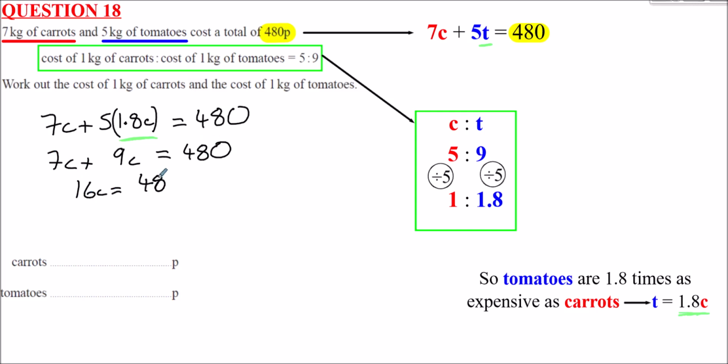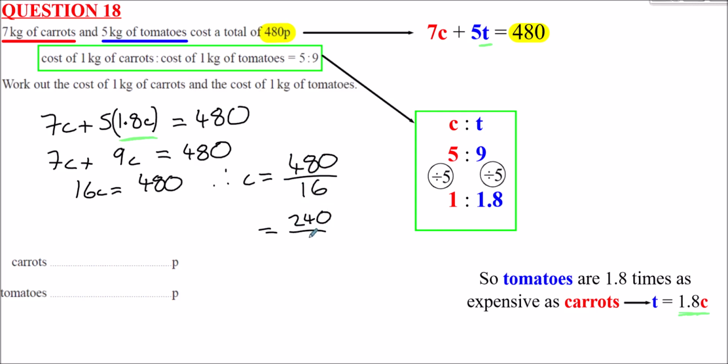That equals 480. Therefore, if I divide both sides of this by 16, I can work out the cost of 1 kilogram of carrots. So cost of 1 kilogram of carrots will be 480 divided by 16. So before we do this division, let's see if we can simplify it. Well, both numbers are even, so we can half both. Half of 480 is 240.